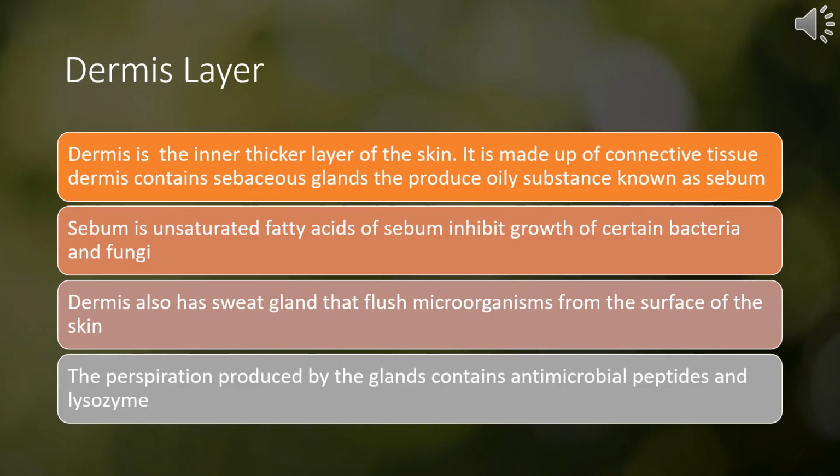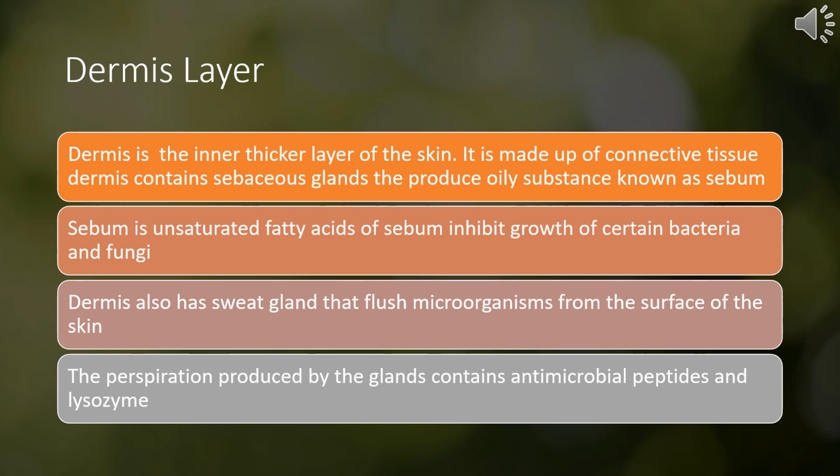So the innermost layer, the dermis layer, is an inner thick layer of skin. It's made up of connective tissue. The dermis contains the sebaceous glands that produce an oily substance known as sebum. Sebum is unsaturated fatty acids. They inhibit growth of certain bacteria and fungi.